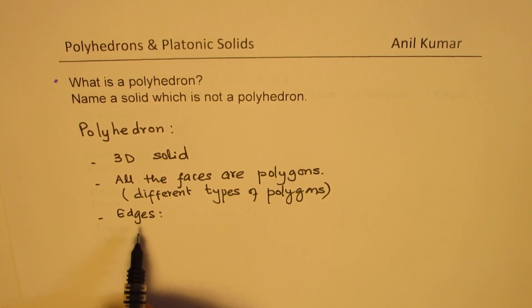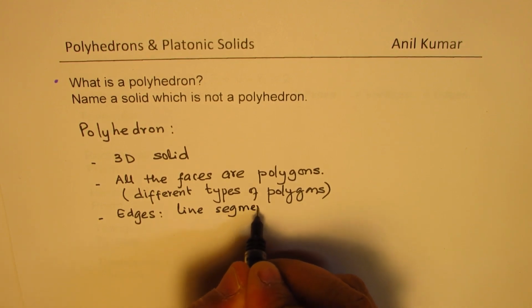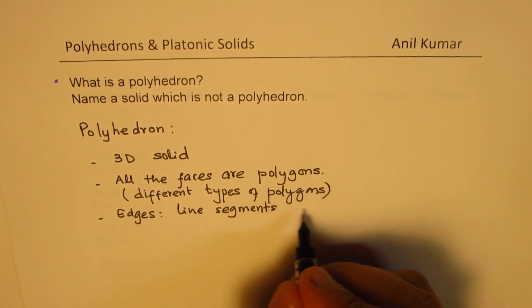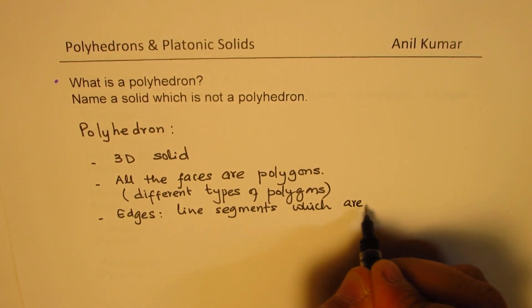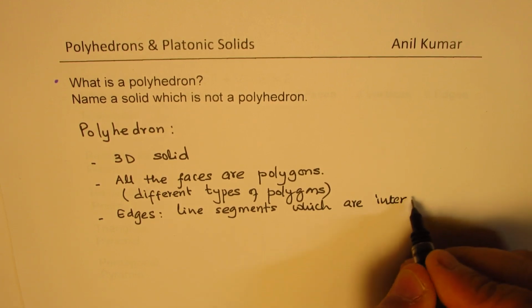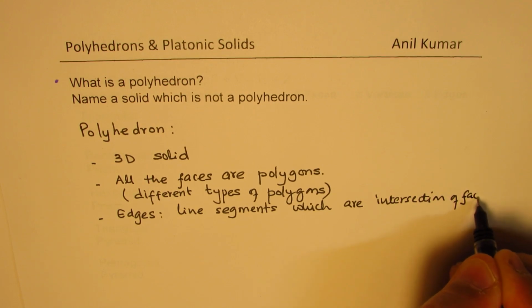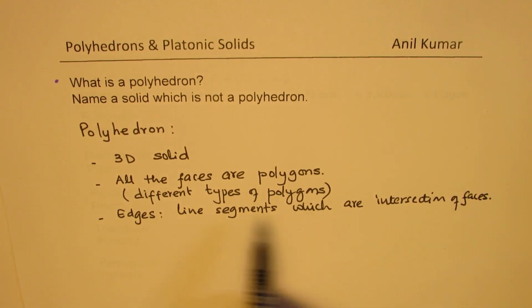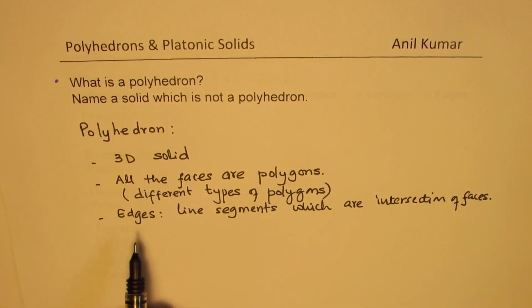And these edges are basically line segments, the intersection of faces. So the faces of a polyhedron will always intersect into edges, right? And the edges will meet at vertices.